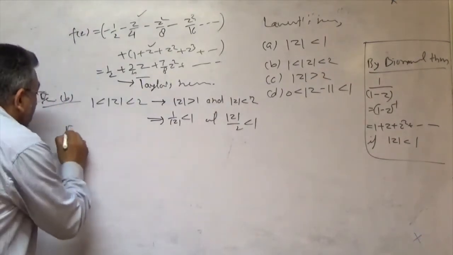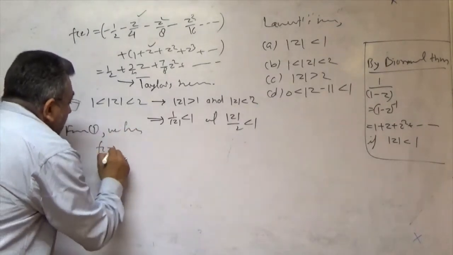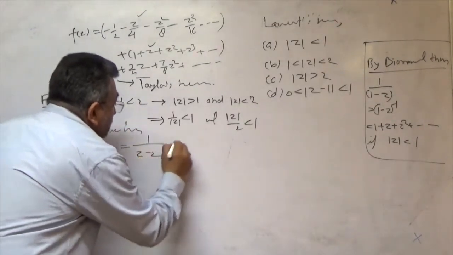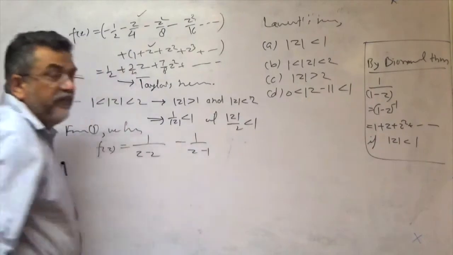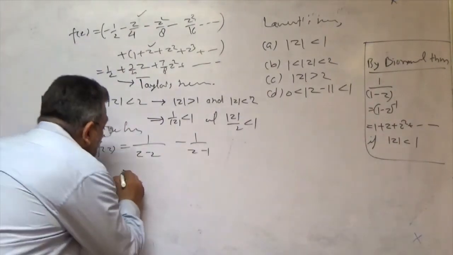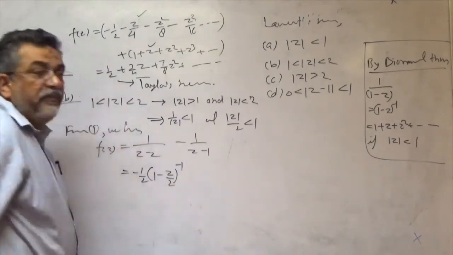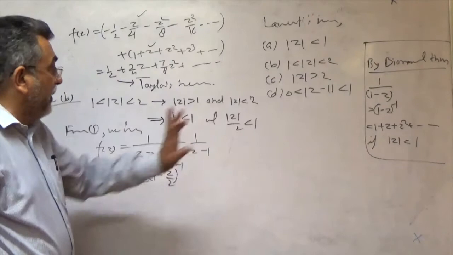And from 1, we have f(z) equal to 1 upon (z minus 2) minus (z minus 1). Here, z minus 2, simply you take minus 1 by 2 as a common, (1 minus z by 2) power minus 1 due to this region, binomial theorem.